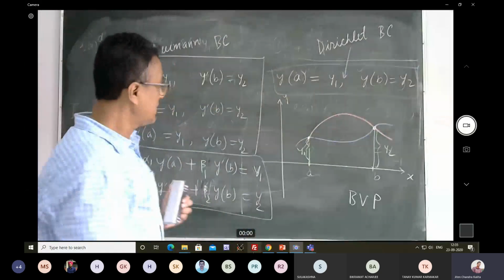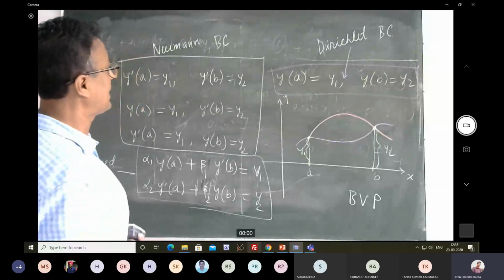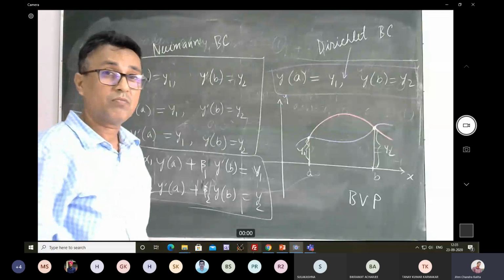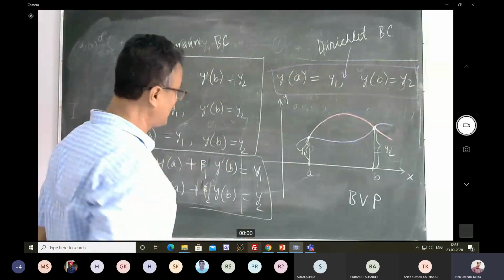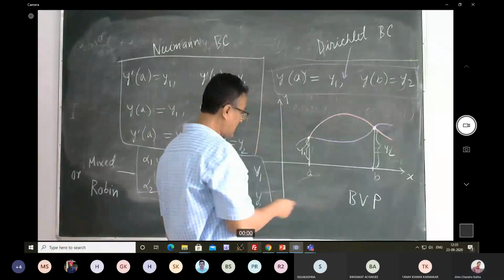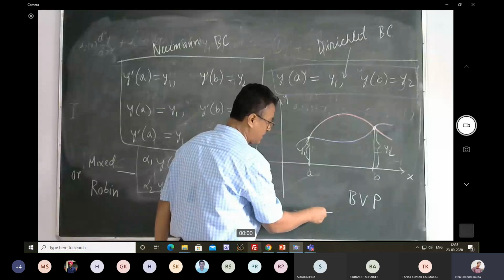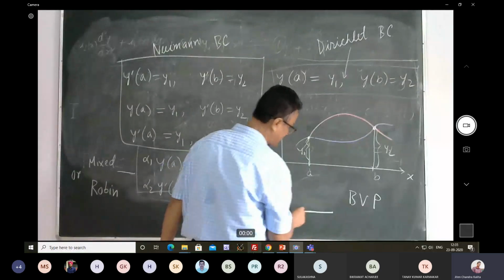Okay, fine. You may be thinking, and again, this is not only for simply academic purposes. These have physical significance also. Suppose I am considering an iron bar, which can be represented by simply an interval like this.